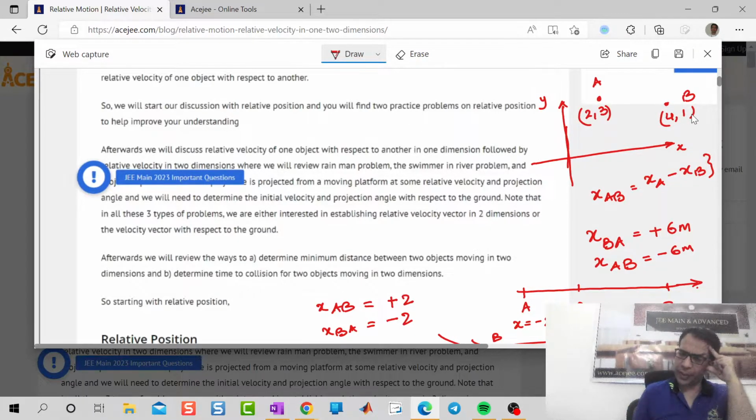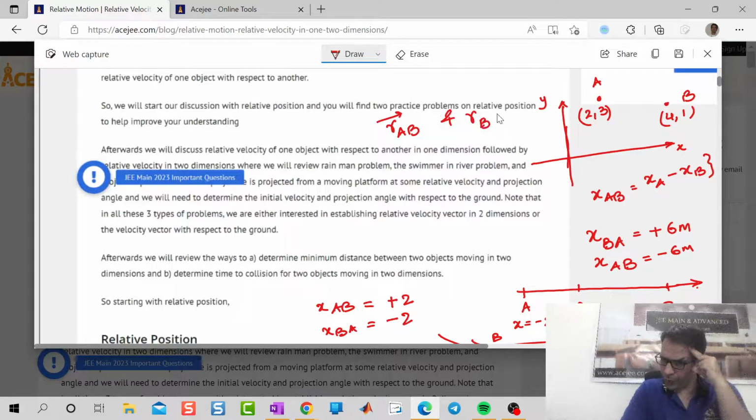Then please tell me the relative position of A with respect to B and relative position of B with respect to A. I'm picking on Manan, but anybody can answer. Looks like Manan is having some issues there. So Ruchika, if you want to take a stab at it, beta, please do.